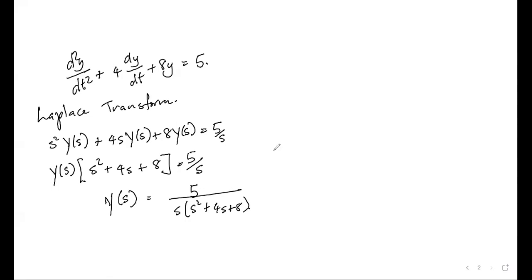All right, so to sort this out now, this can be factorized, so we're going to have to sort it out in partial fractions. So Y(s) is going to be equal to A over s plus (Bs plus C) over (s squared plus 4s plus 8).